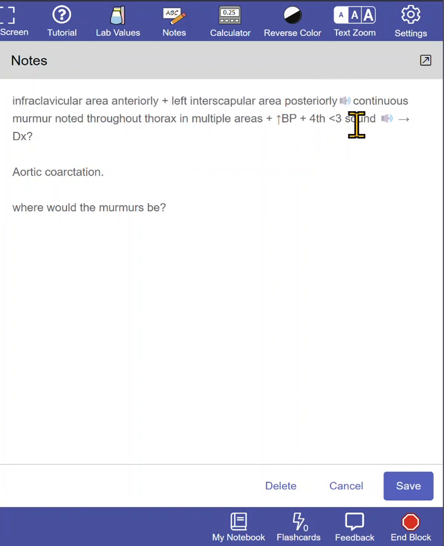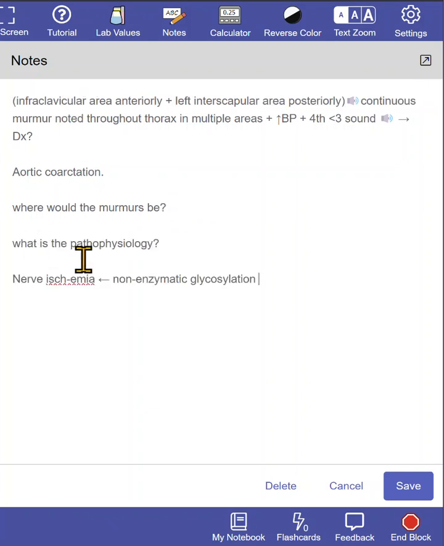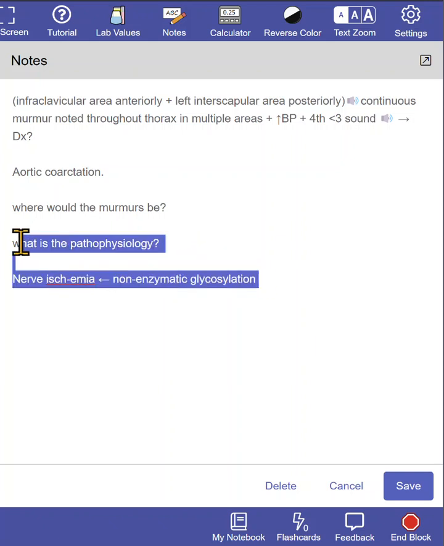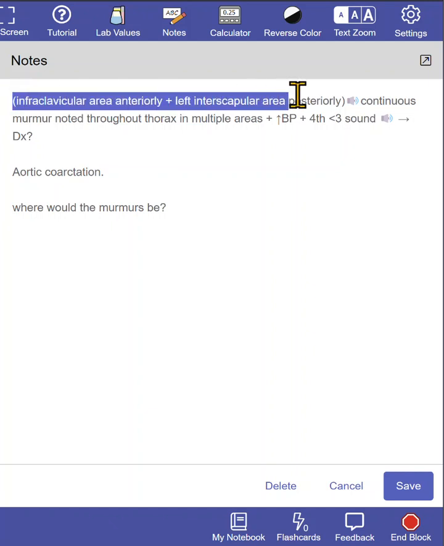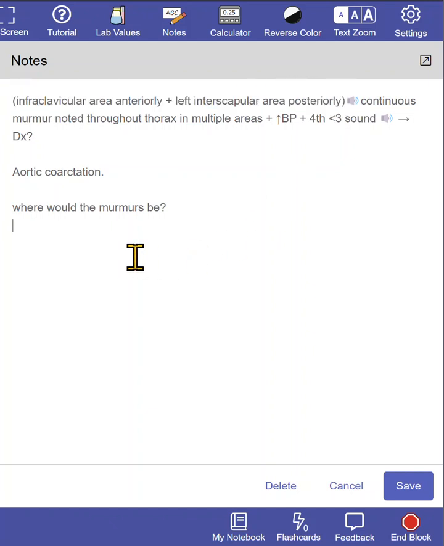Oh, I've already just read it. And come down here this way. We'll put anterior here, real quick.